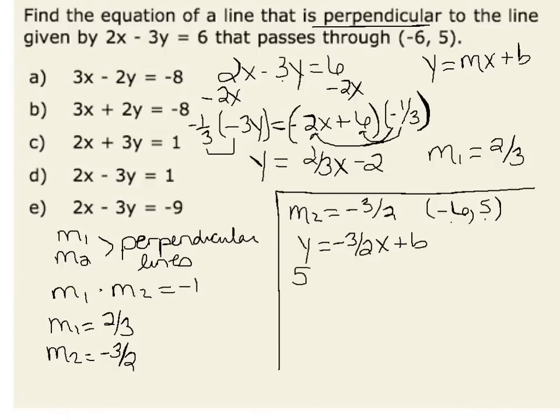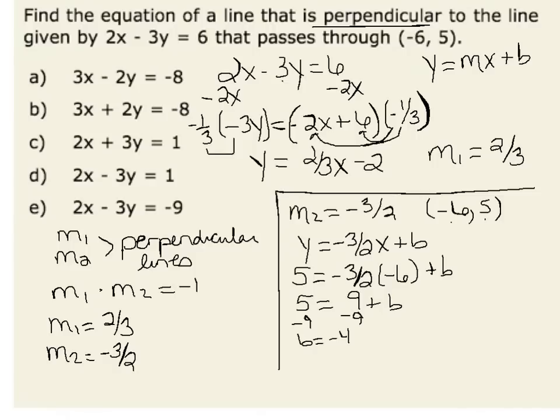So when y is equal to 5, we know x was equal to negative 6. Negative 3/2 times negative 6 is positive 9, so we have 5 is equal to 9 plus b. To solve for b, we must subtract 9 from both sides, giving us b is equal to negative 4.